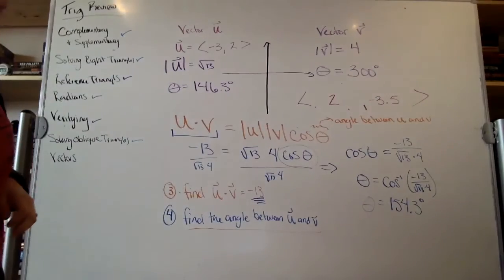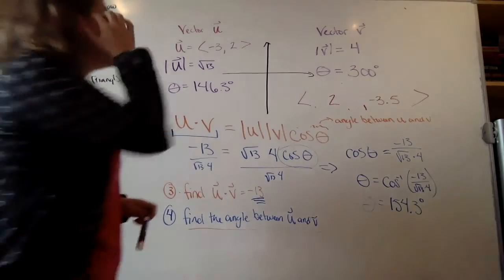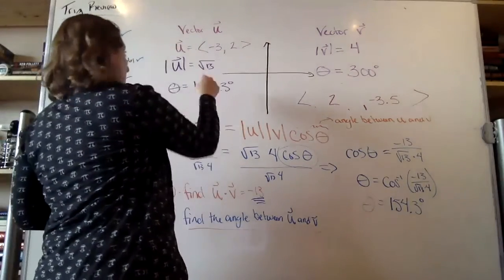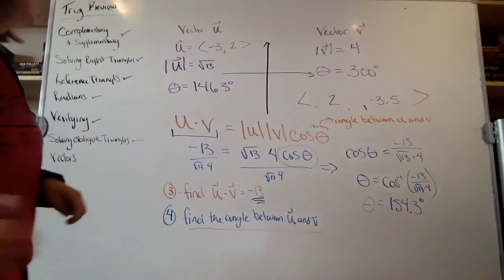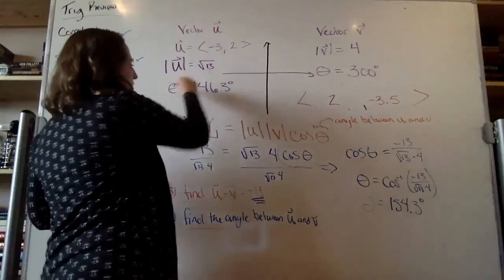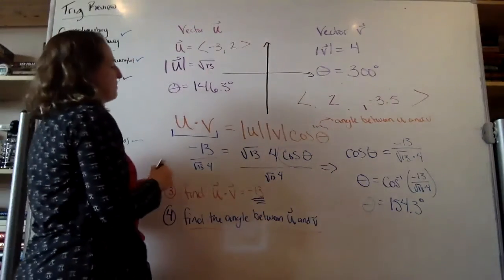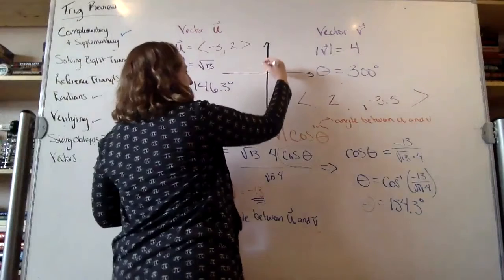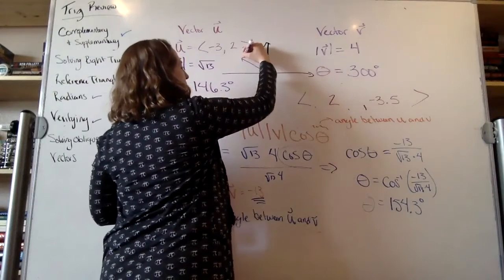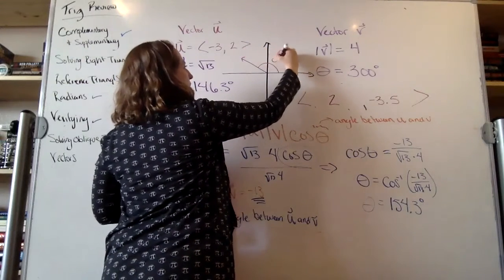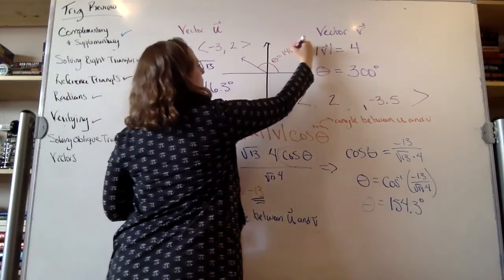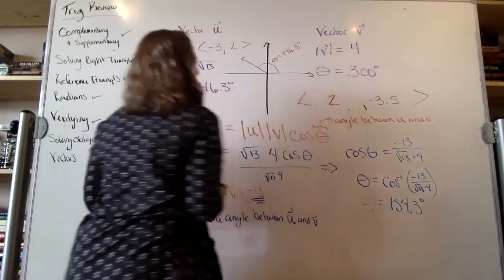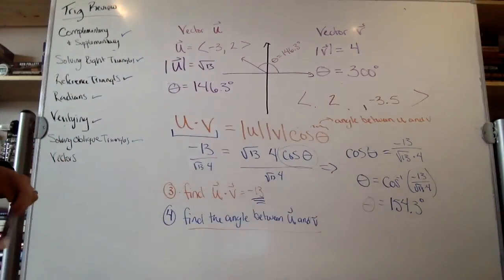And I'm going to sketch both of these vectors. First of all, I'm going to sketch u. We know that u is at 146.3 degrees. That's less than 180, so u is somewhere over here. And this angle here is 146.3 degrees.